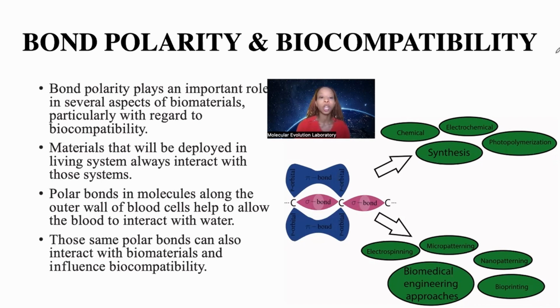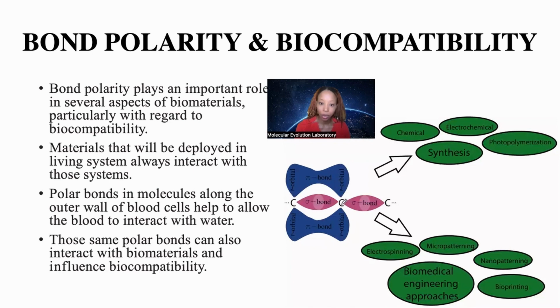Materials that will be deployed in living systems always interact with those systems. Polar bonds in molecules along with the outer wall of blood cells help to allow the blood to interact with water. Those same polar bonds can also interact with biomaterials and influence biocompatibility. So this is basically showing the carbon-to-carbon bond where there is a p orbital.